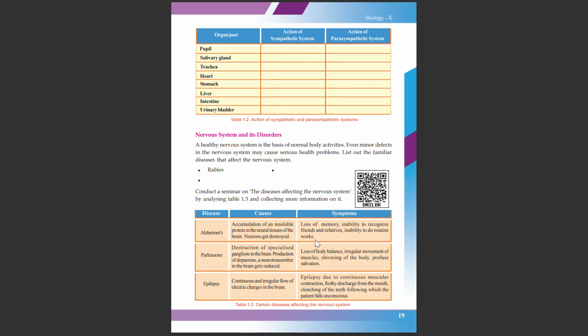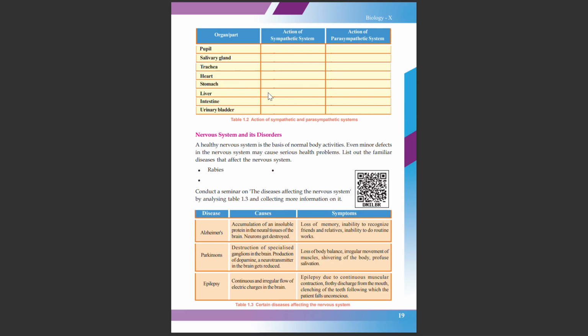That's it. And then you have to write what happens to all these. Pupil dilates, salivary gland saliva decreases, the ear increases, trachea expands, trachea contracts, heartbeat increases, decreases, stomach gastric activity slows down, becomes normal, liver.